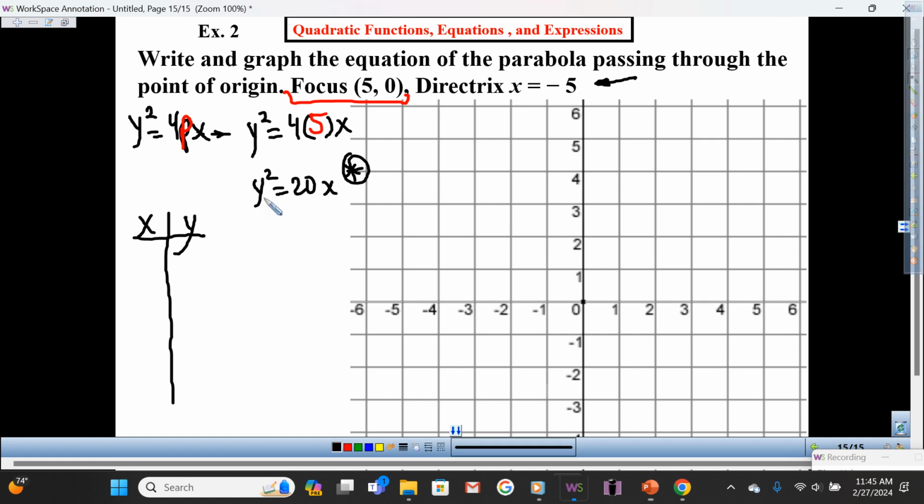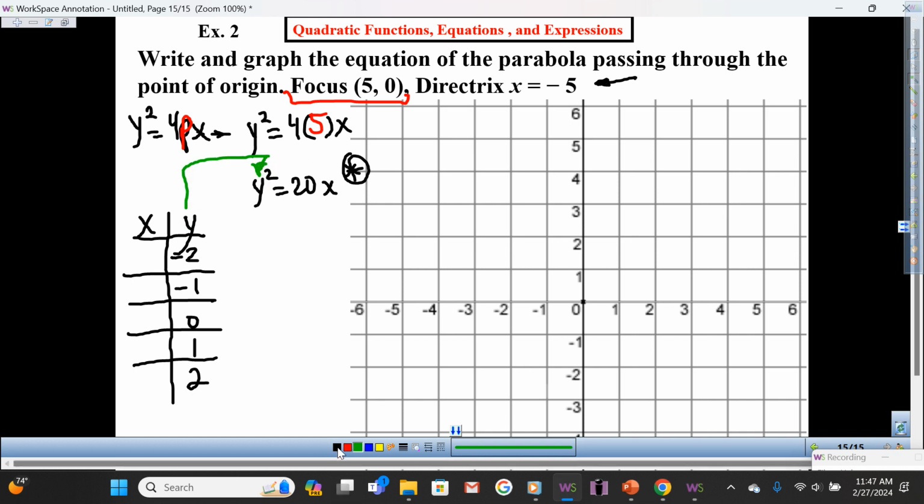What do we have now? So are we going to put values for x? No, we put values for what? Y. -2, -1, 0, 1, and 2. And now we're going to substitute values for y here.